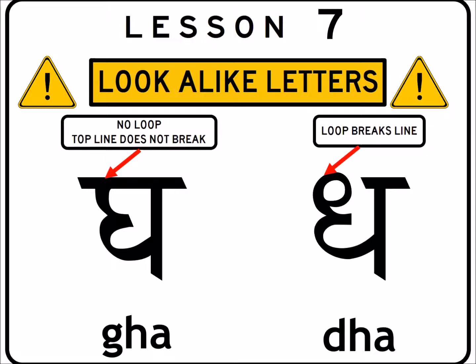I know when I studied the Devanāgarī script many years ago, I used to get confused regarding gha and dha. Gha has the top part of the letter actually fuse into the crossbar, whereas with dha, you'll see the loop actually breaks the line. So make sure you can tell the difference between gha, that we learned in the guttural lesson, lesson 4, and dha, which is the dental letter, which we're learning in this lesson.